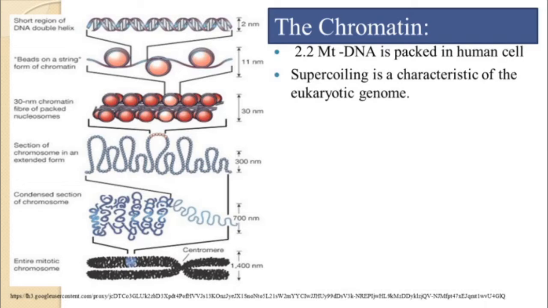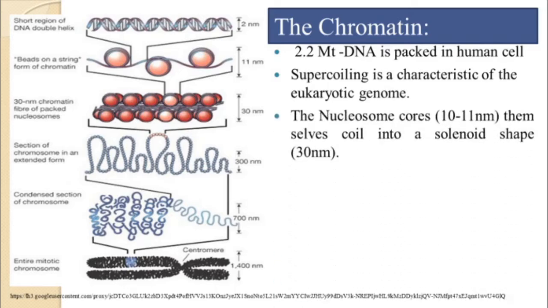Even though the cell is microscopic, it accommodates 2.2 meters of DNA because of its supracoiling nature. Supracoiling is the characteristic feature of the eukaryotic genome. The nucleosome core, which measures about 10 to 11 nanometers, then coils into a solenoid shape, that is nearly about 30 nanometers.